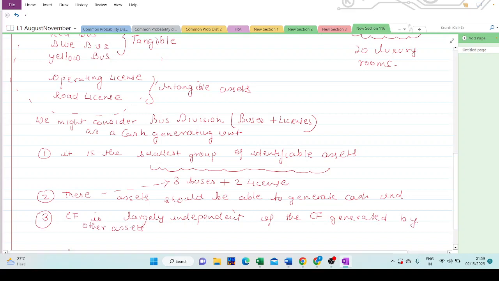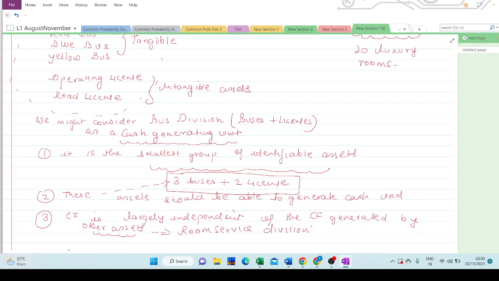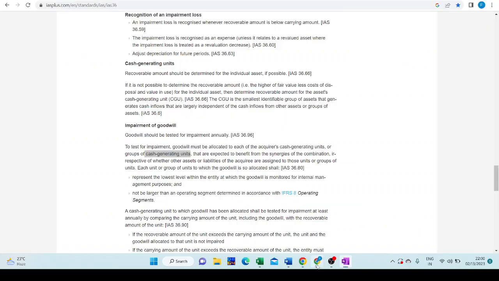And in our example, the other assets was the room service division, right? So the bus division, which consists of three buses and two licenses, meets the criteria of a cash generating unit. Guys, are we good? Have we understood this? All of us? Clear? Yes, sir.